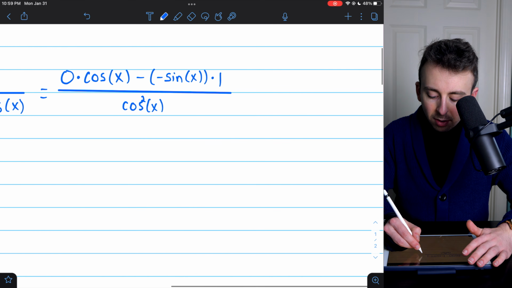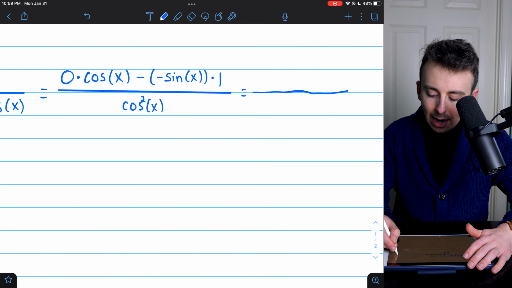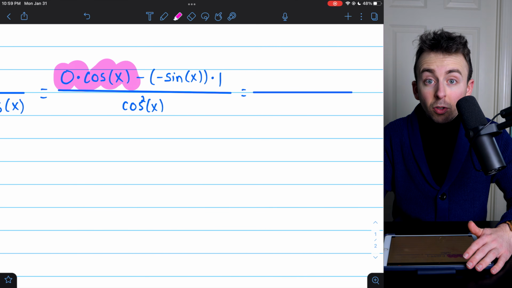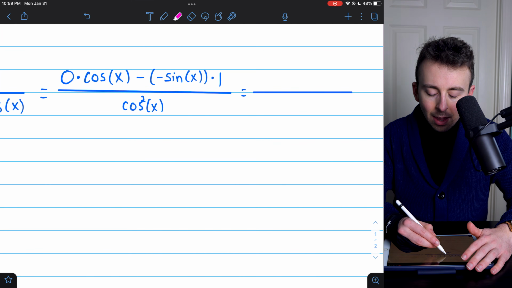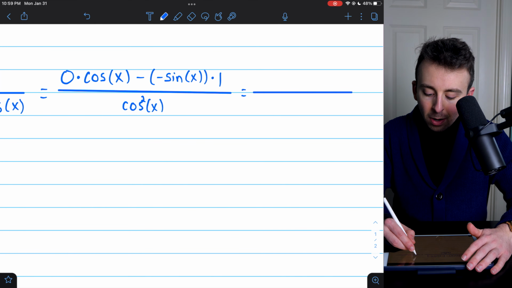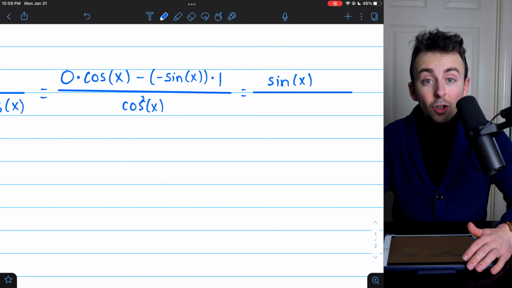Let's just do some simplification. So here in our numerator, we've got 0 times cosine, which is just 0, and then minus negative sine times 1. The negatives cancel out, the 1 doesn't matter, we're just left with a positive sine of x in the numerator.